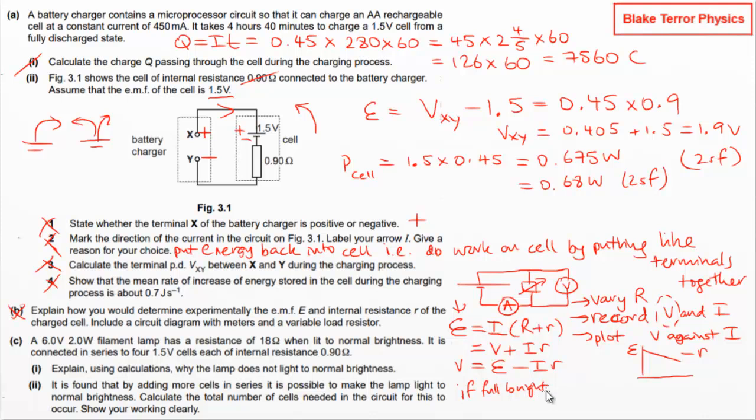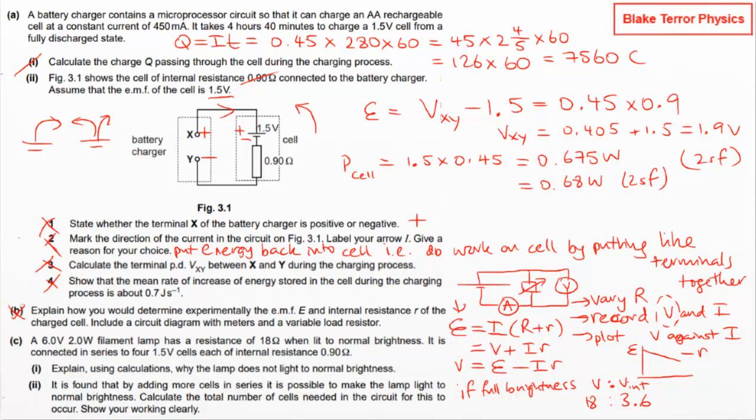then we can say that the ratio of the voltages is going to have to be in the ratio of the resistances. So we've got 18 ohms to internal resistance. We've got four 0.9s, so 3.6.